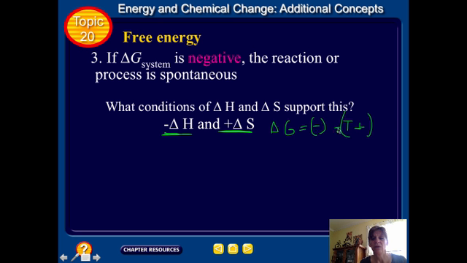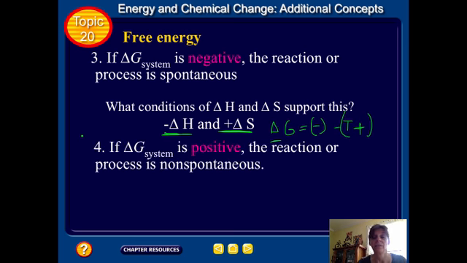So a negative minus a positive is always going to give you a negative value. So delta G is negative. It is spontaneous. It's releasing free energy to do lovely work for us. Combustions are an example of this, where things are always spontaneous. They will always go on their own under the right conditions.